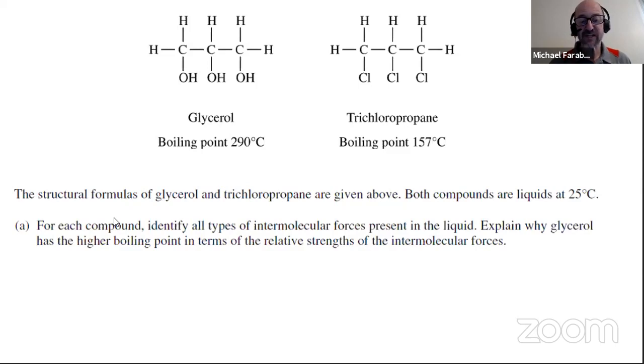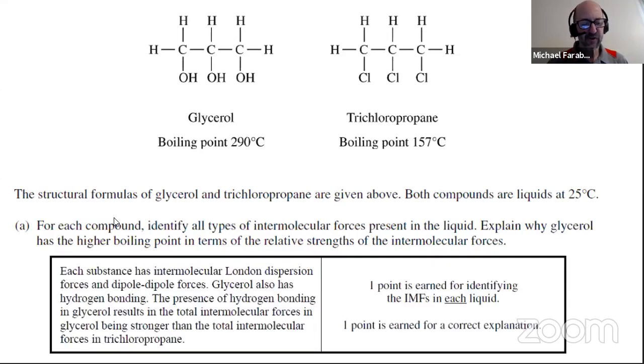Remember, it's hydrogen directly attached to either fluorine, nitrogen, or oxygen. So we're going to talk about hydrogen bonding again. These molecules are both polar, but we have hydrogen bonding between molecules of glycerol, and we do not have hydrogen bonding between molecules of trichloropropane.